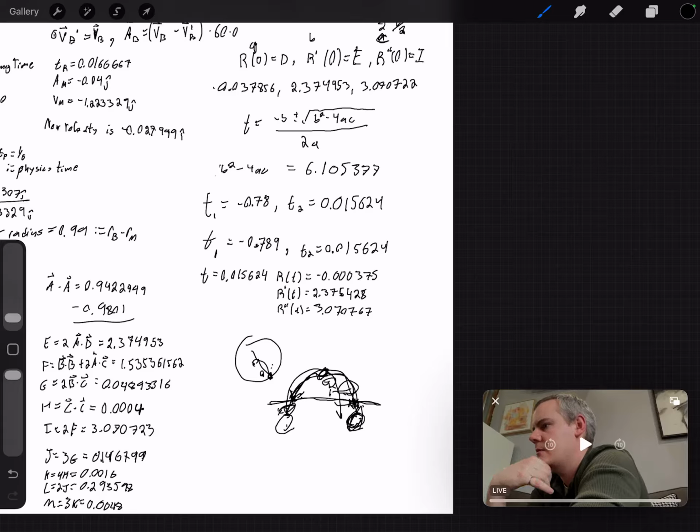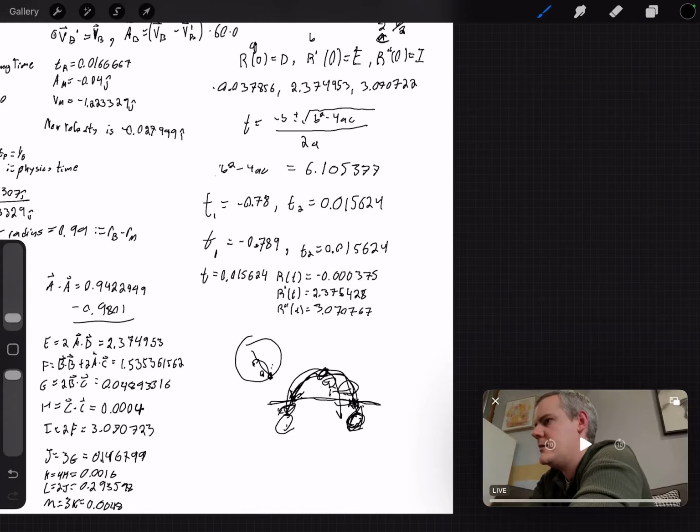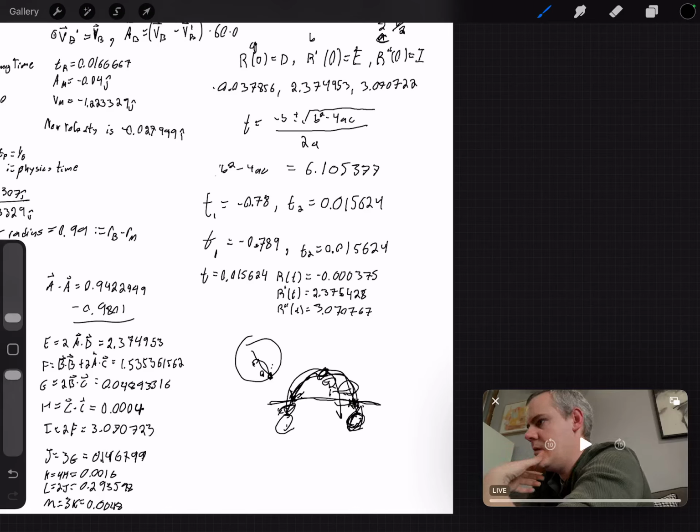Because what happened? Am I not printing T anywhere? That would also be a useful thing to be printing. Maybe it's some completely different thing, like the discriminant. No. The acceleration? No. Distance, speed, acceleration.